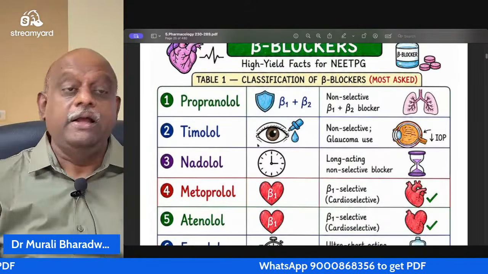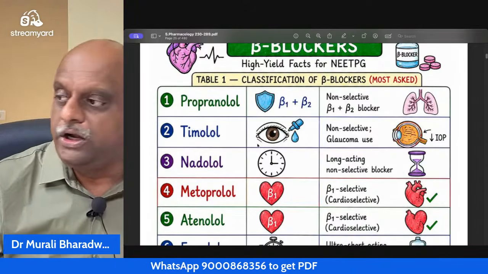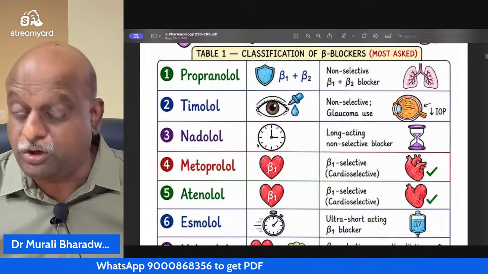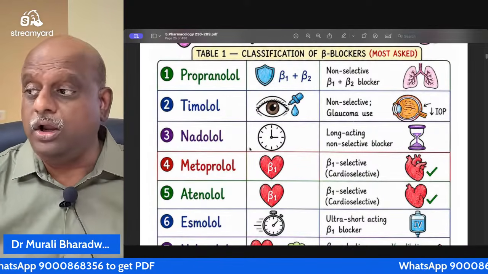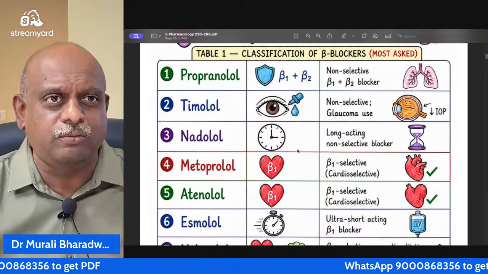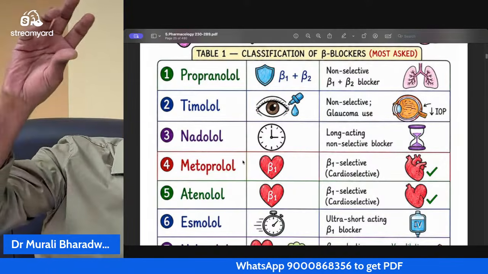Okay, let's start. Propranolol, beta 1 plus beta 2, it is non-selective. Timolol is also non-selective, used in glaucoma. Nadolol is a long-acting, non-selective blocker. Where do we use nadolol? Whenever there is portal hypertension.